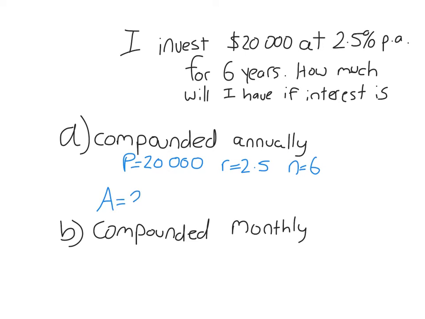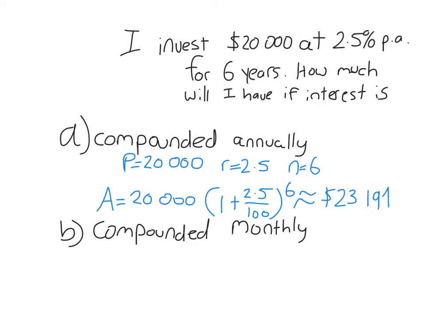A equals P times 1 plus R over 100 to the power of N. And you can put that straight on your calculator and you get about, rounded to the nearest dollar, 23,194. So that's much quicker than taking 20,000, adding 2.5%, and then doing that process 6 times. Thank God for the formula.